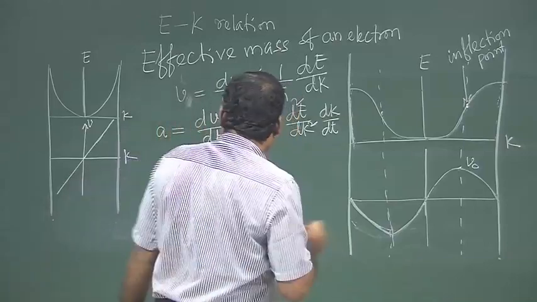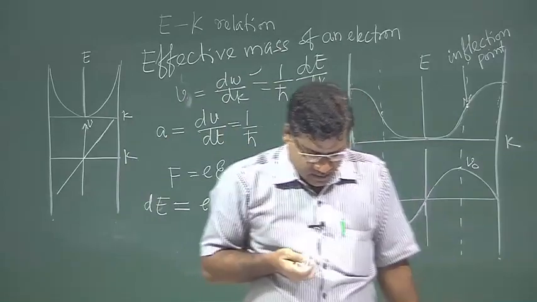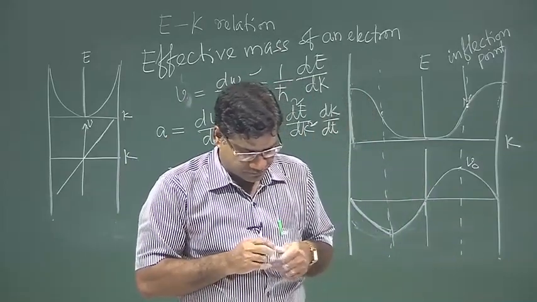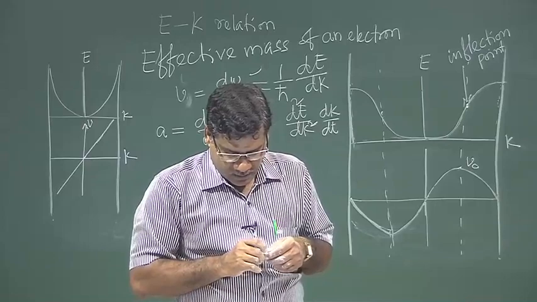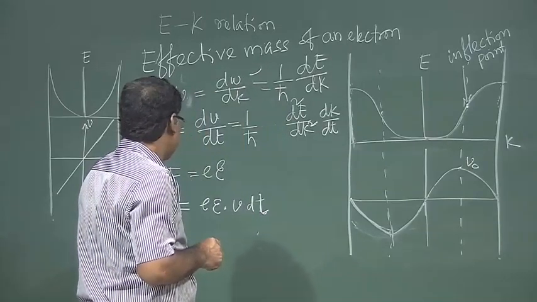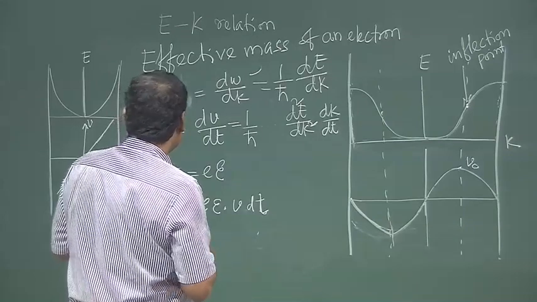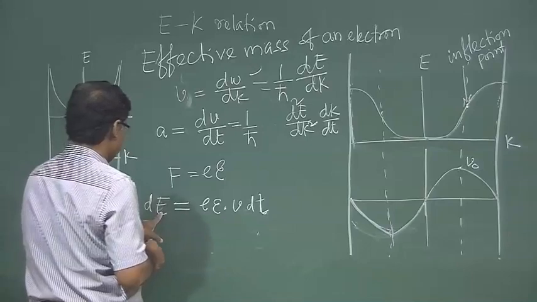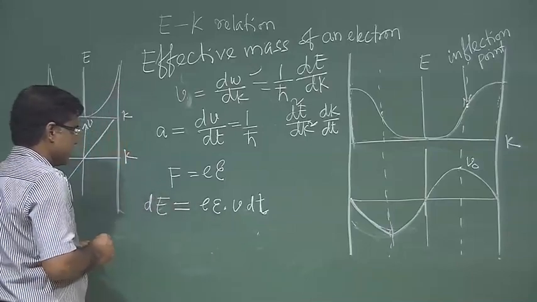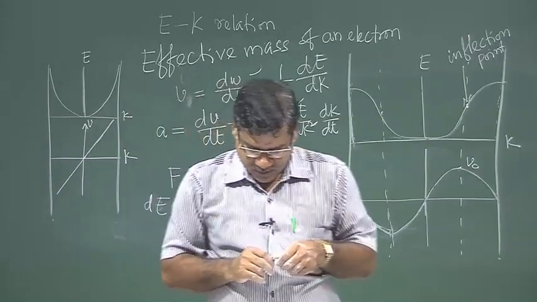So, from here one can find out this dk by dt, because what is this E? Energy E is h cross omega.